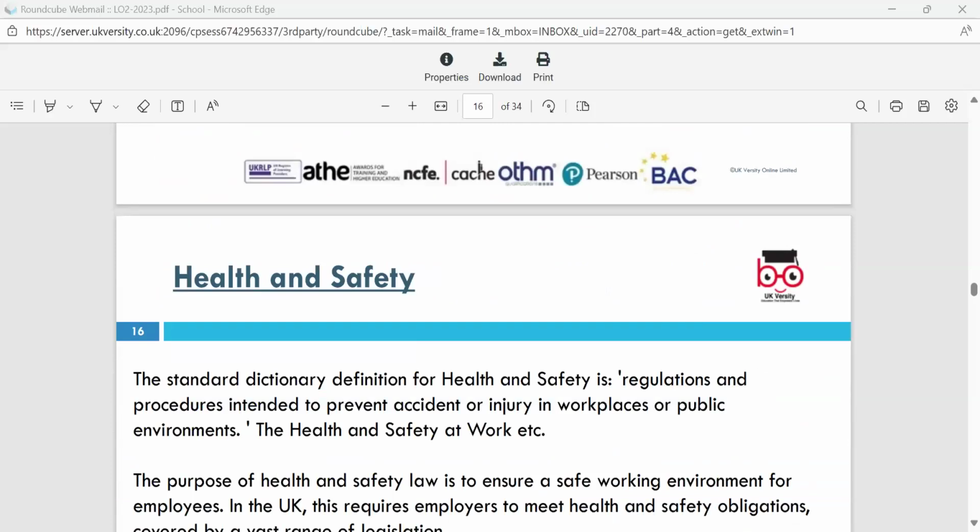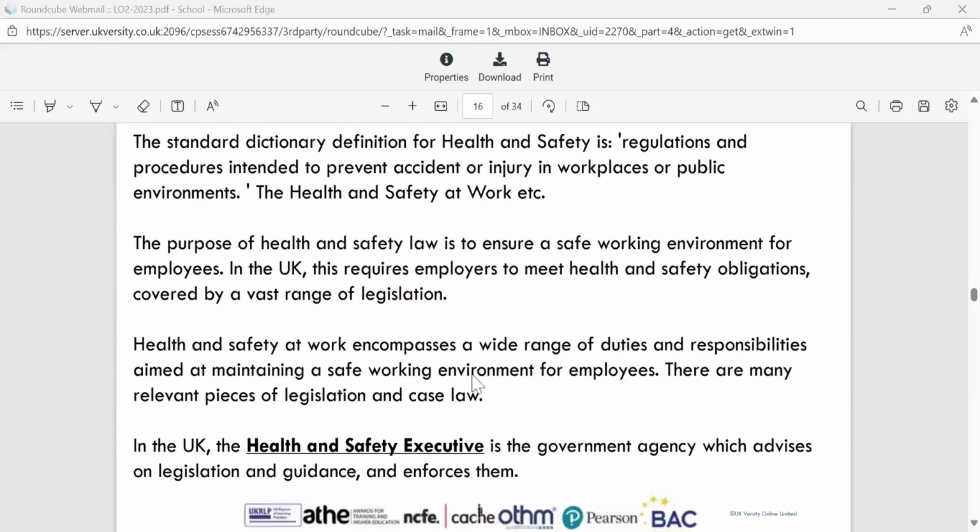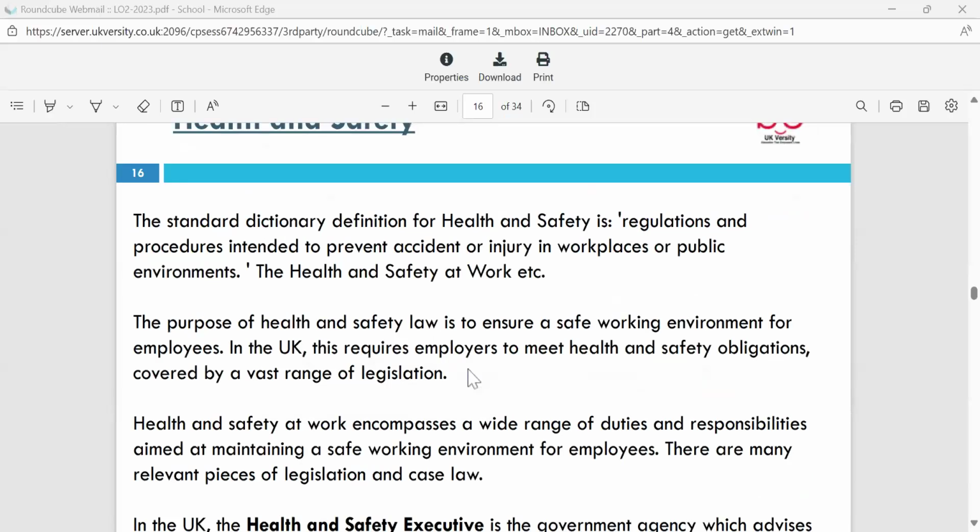Then we've got the health and safety measures. Now, these are really important in any workplace, to make sure that health and safety laws are followed. They are measures to prevent any sort of harm, illness, or injury in workplaces and public spaces. Key aspects are that employers have a legal and moral obligation to provide a safe environment, which includes risk assessments, proper training and equipment, and implementing safety policies.